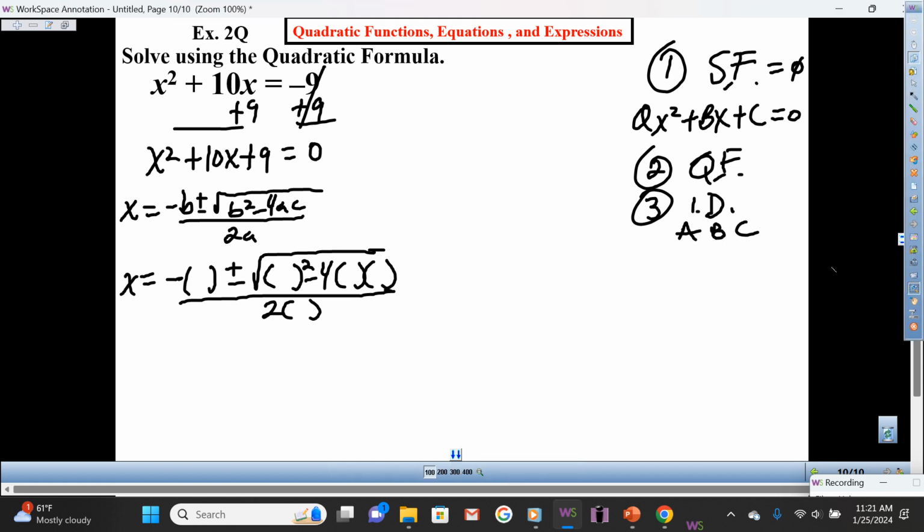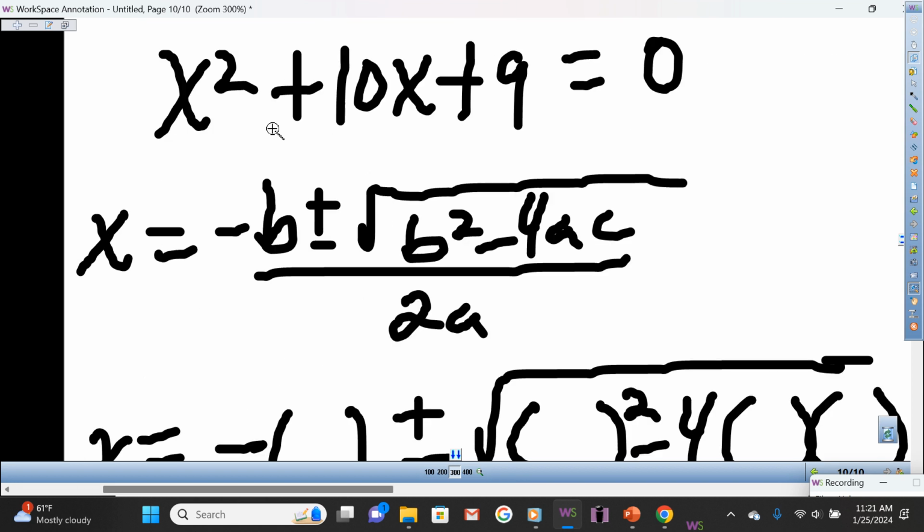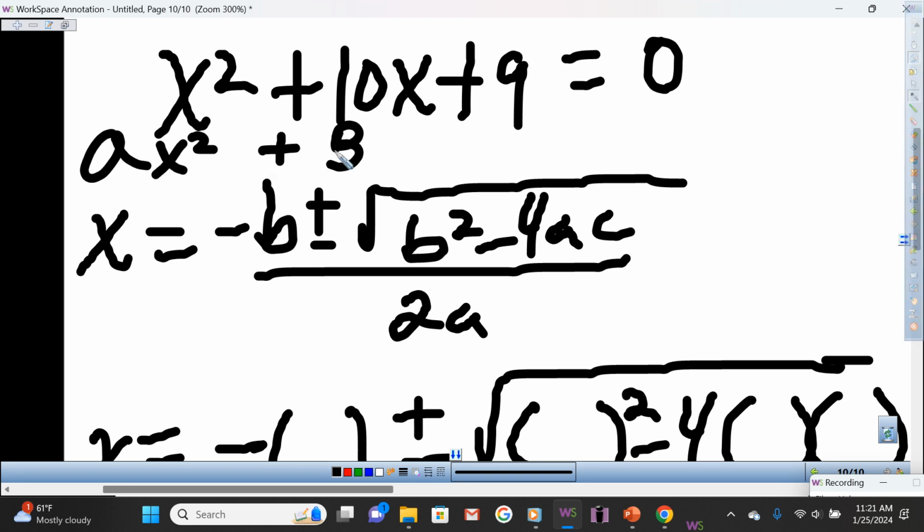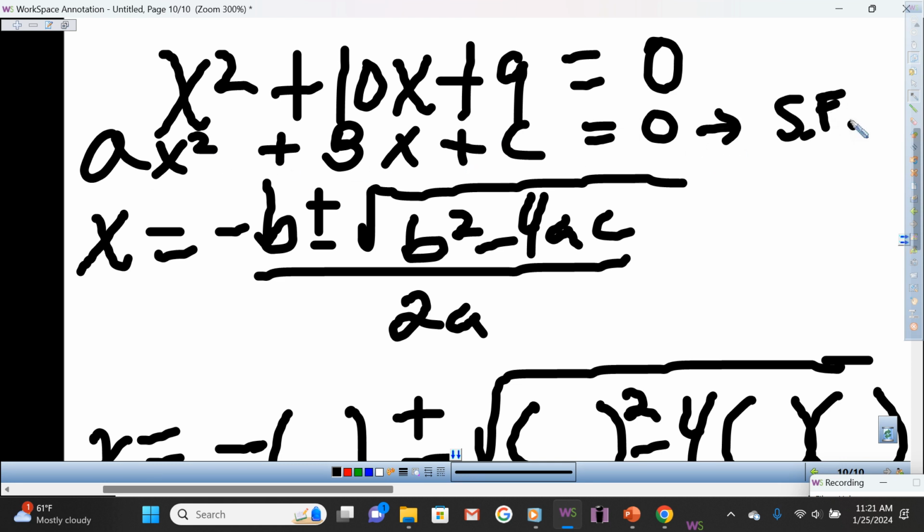So look up. I'm going to zoom into my original equation right here, and underneath it, I'm going to write ax squared plus bx plus c equal to 0. Because that's standard form, right? This is standard form. So with that said, in blue, what is a, everyone?